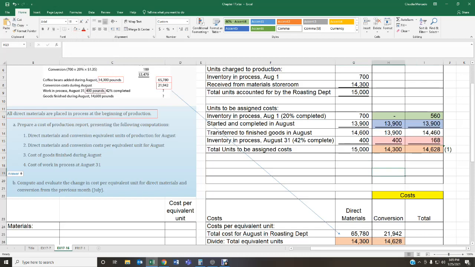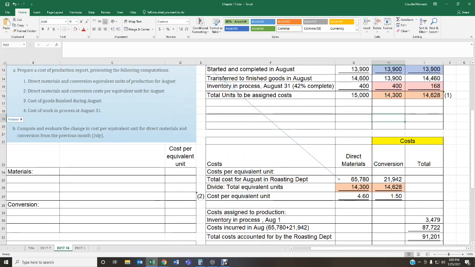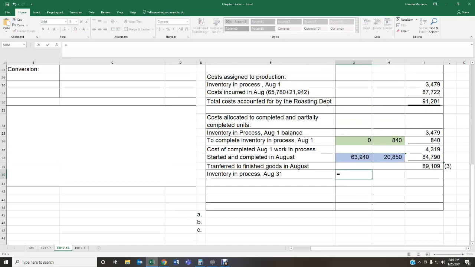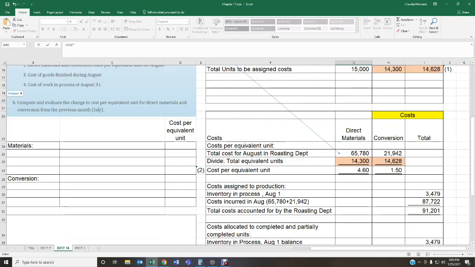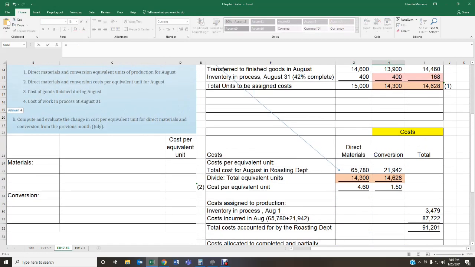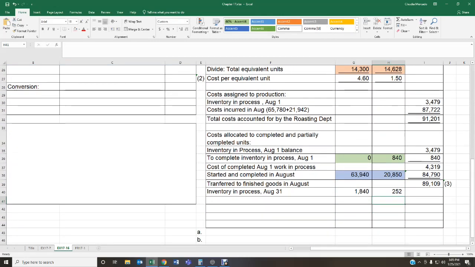We've got 400 units for direct material purposes and 168 for conversion cost purposes. So this is my inventory in process at the end of the month. So we're going to pick up the 400 times the 460, the 168 times the 1.50. So first let's do the materials. The materials is 400 times 460. Then the conversion cost is 168 times 1.50, and that gives me 252.